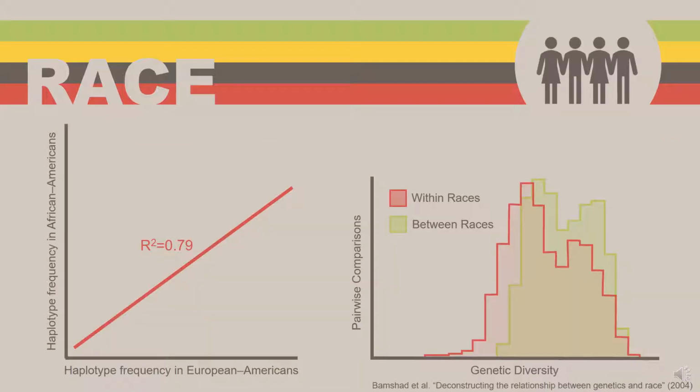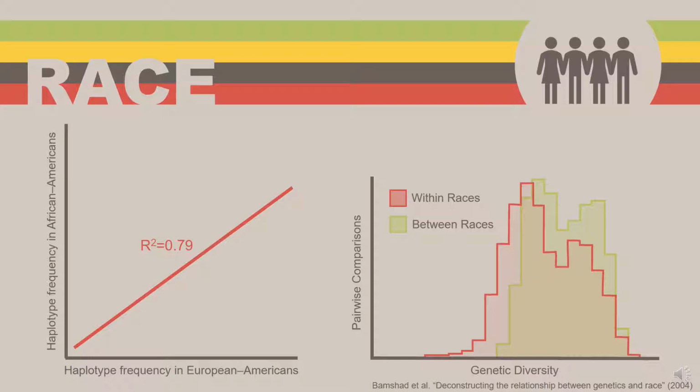Furthermore, as you can see in the figure on the left, there is a strong correlation in haplotype frequency among African and European Americans. This means that haplogroups do not strongly differentiate ancestry in the Americas. There is a lot of migratory overlap. This idea is reinforced in Figure 2, where we can see that genetic diversity within a race is often greater than the genetic diversity between races, indicated by the two overlapping distributions there.